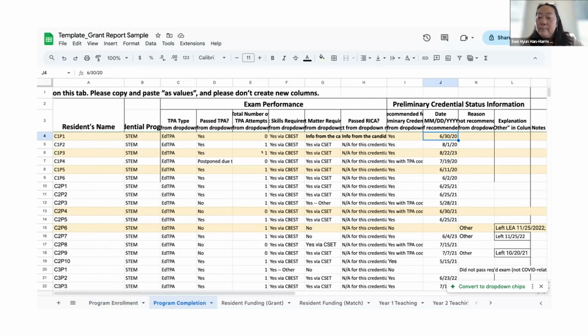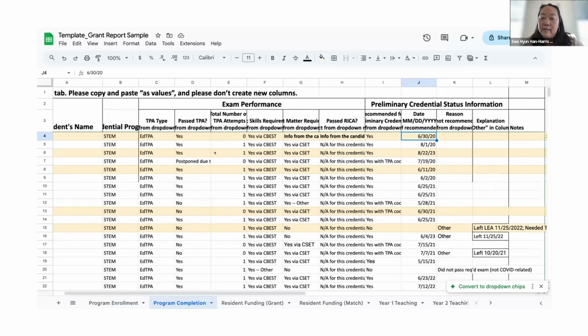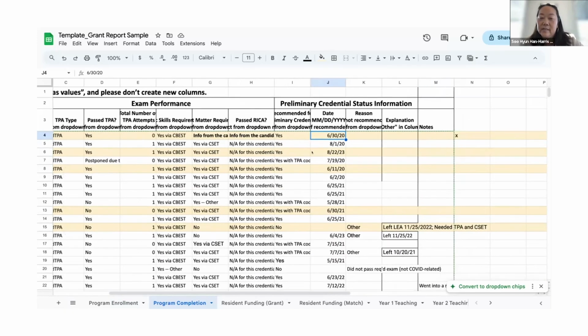This has been updated, but back when they had just finished their residency year, this information was different, of course, because at that point, they may not have passed the TPA or the CSET, but this has all been updated since then. So you'll see that information here. And then you'll see that their preliminary was issued in August 2023.